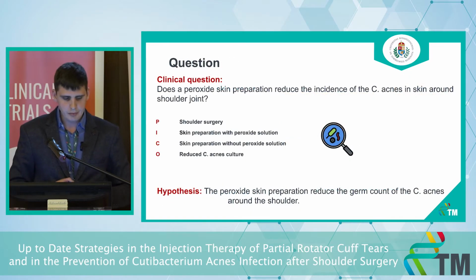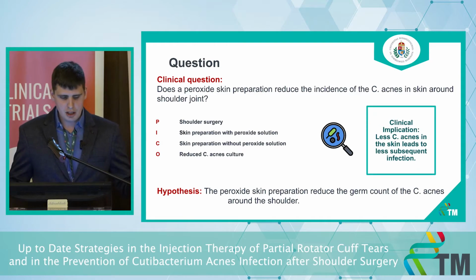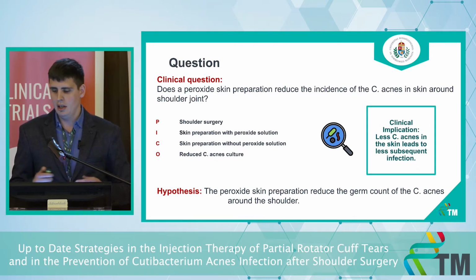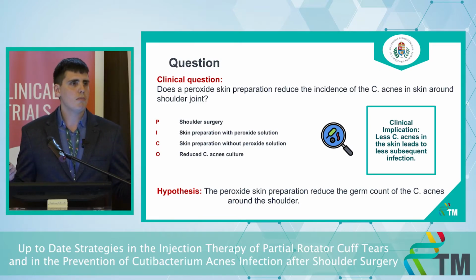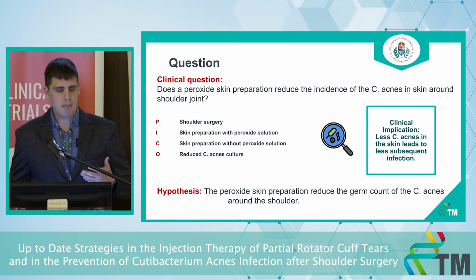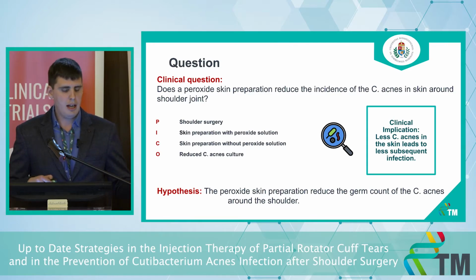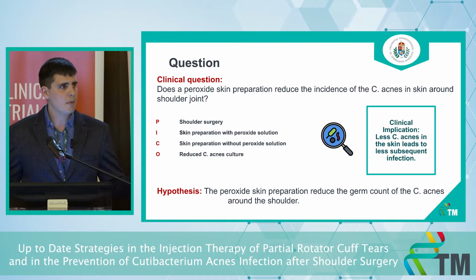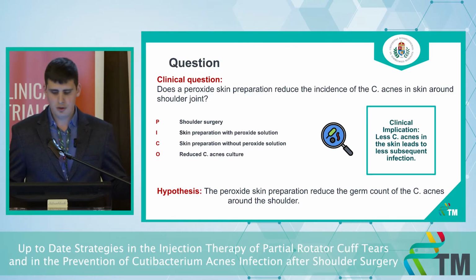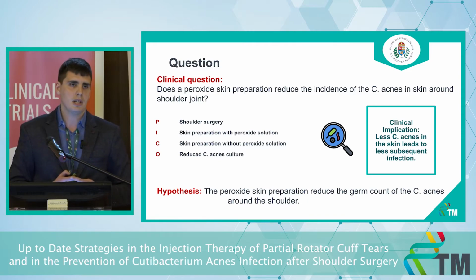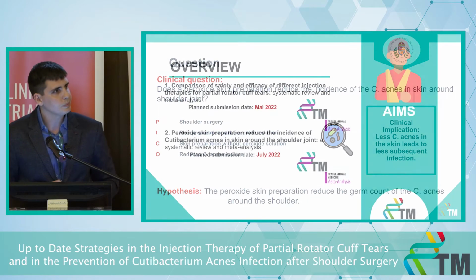The question is, does the peroxide skin preparation reduce the incidence of C. acnes in the skin around the shoulder joint? We would like to compare alcohol-based skin preparation without peroxide and alcohol-based skin preparation with peroxide solution. Less C. acnes germ count leads to less subsequent infection, hopefully.